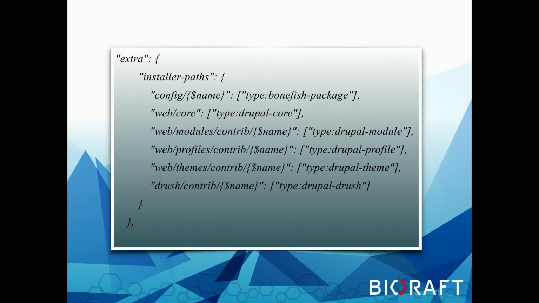and the way that we have it set up is that our configuration that comes from our config repo gets stored in this config directory, then prefixed with the name of the specific customer, or the specific site rather. Modules go into web modules contrib, our custom stuff goes into web modules custom, and so on and so forth.